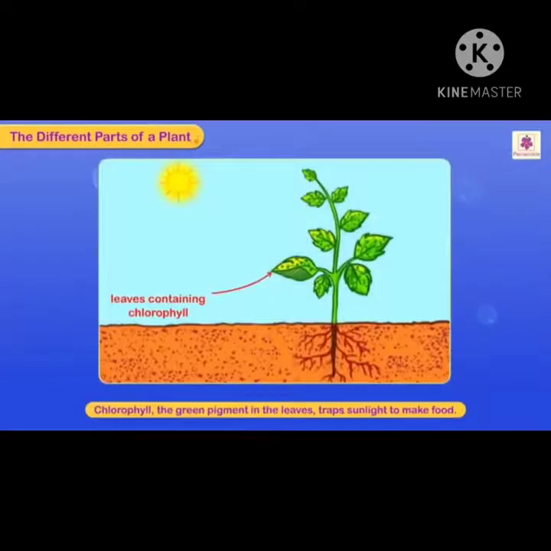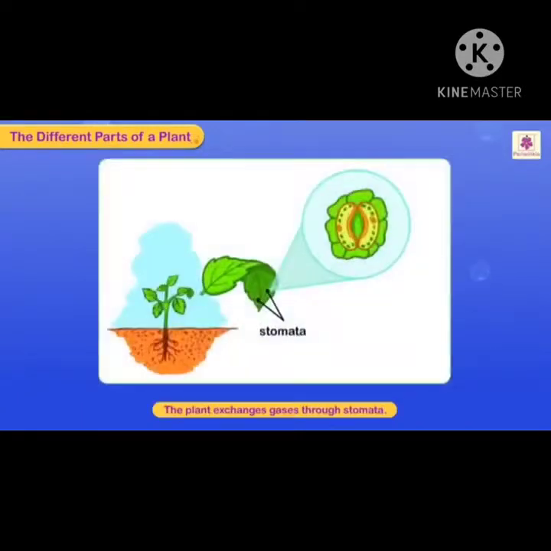The leaves of a plant are its kitchen, as chlorophyll, the green pigment in the leaves, traps sunlight to make food. The plant exchanges gases through the stomata.